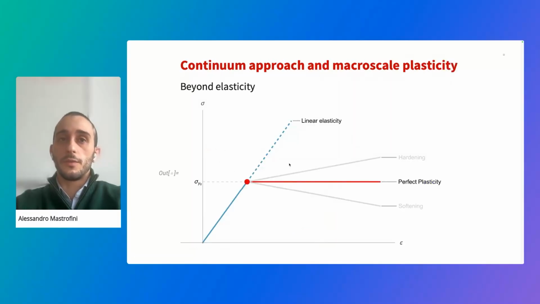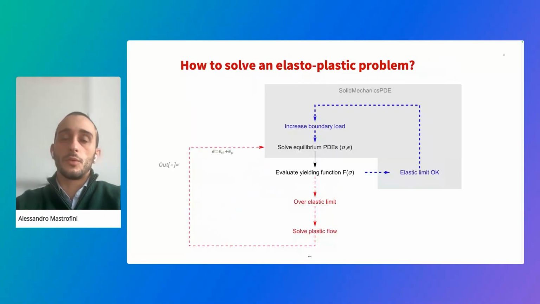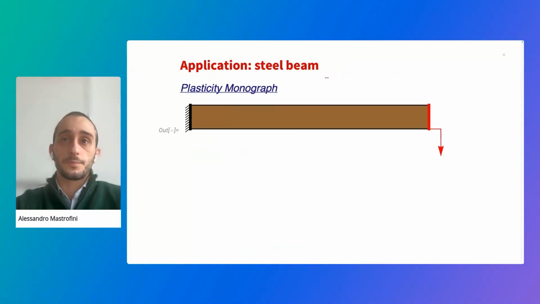But if the limit is exceeded, we need to come back to an acceptable solution through the plastic solution that we're going to see in a minute, and then return with a new plastic strain to the equilibrium equation. The problem is that the plastic strain, which is what the plastic flow computes, is a function of the stress, but the stress is itself a function of the strain. So this is a really nonlinear problem that needs to be solved with several iterations.